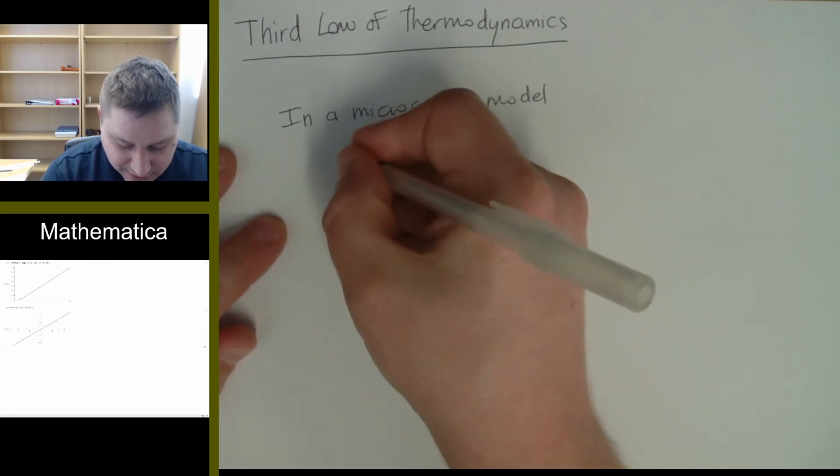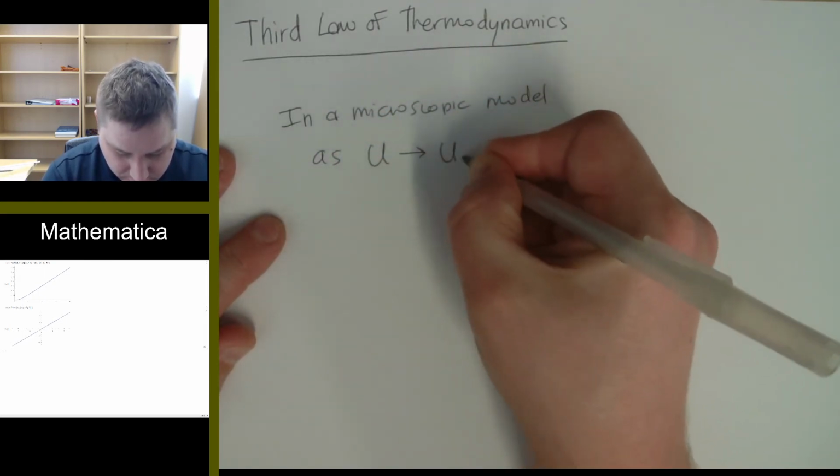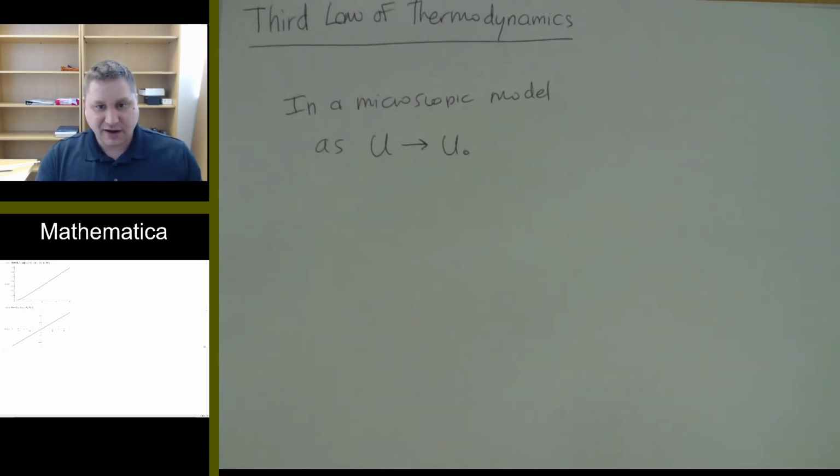In a microscopic model, as the energy approaches its minimum possible value, or the ground state energy, or we could also call this our 0 point of energy, we are going to have less and less options for distributing that energy, right?